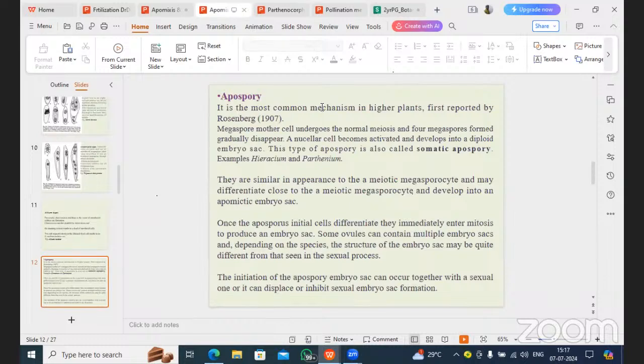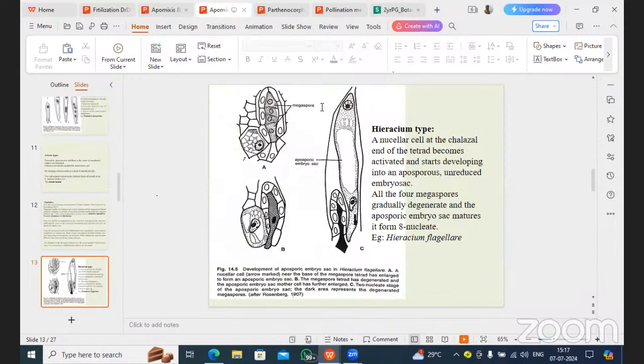Apospory is formed by a somatic cell. If the megaspore mother cell undergoes normal meiosis, at that time gradually the spore may disappear. At that time, the nucellar cell or other cells of the embryo sac will cause the germination.